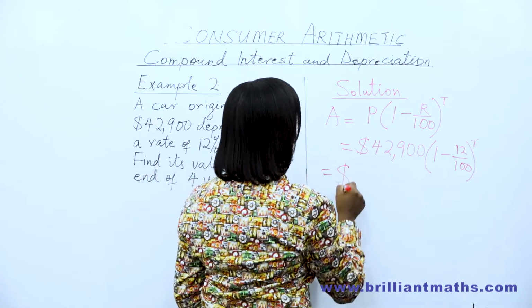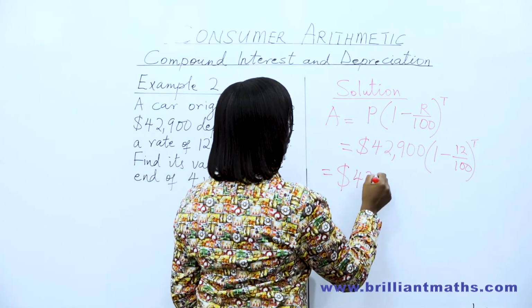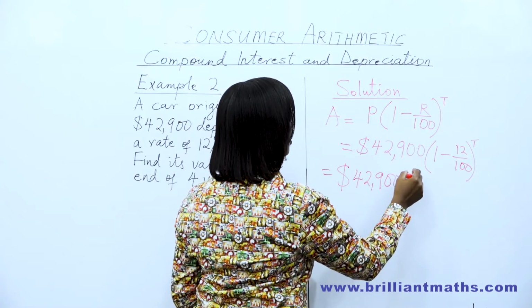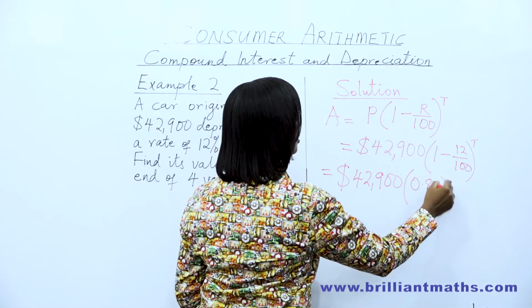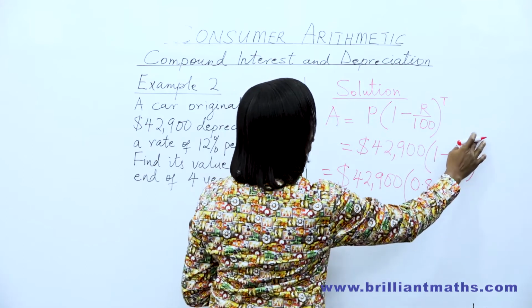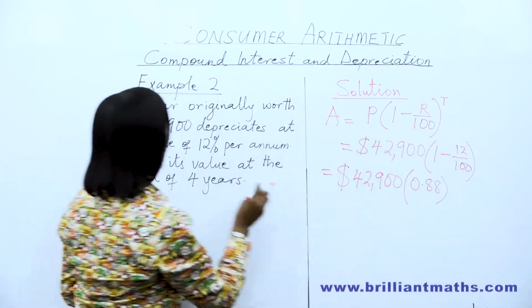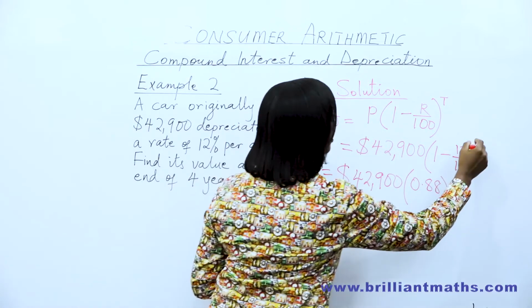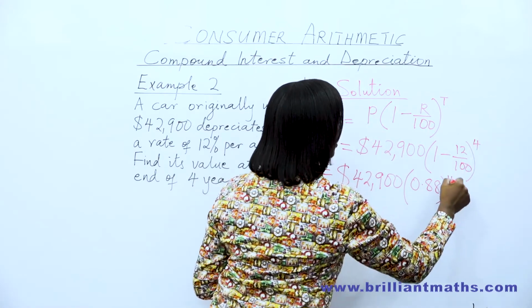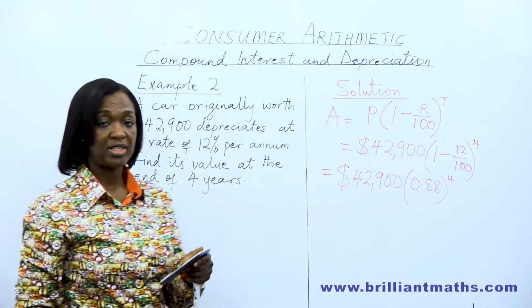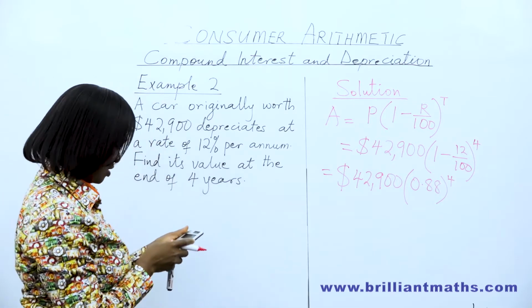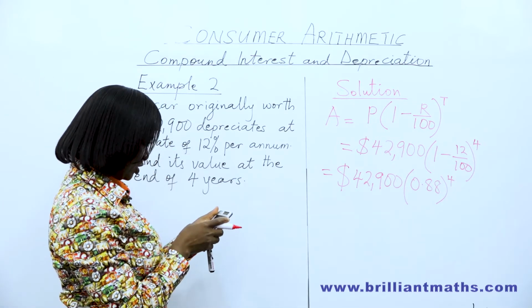So we'll simply write 42,900 times 0.88 to the power t. T is 4. So that's that to the power 4. So we input this into the calculator. 0.88 to the power 4.